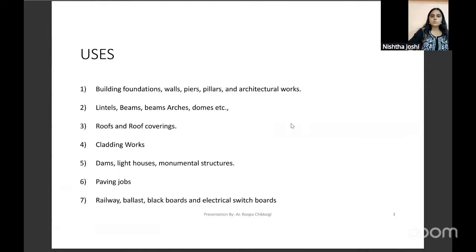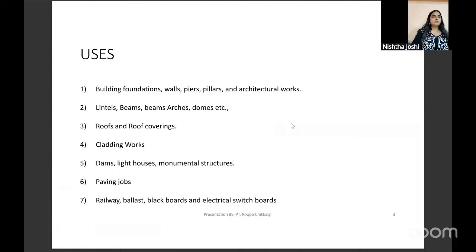It was a brick dome, and then later on it was cladded with stone to cover it from the effects of weathering. Then, apart from buildings, various other structures like dams, lighthouses, bridges, so many others can be made with stones. Then, paving pathways can also be made with stones, railway ballast, blackboards, electrical switchboards, etc.